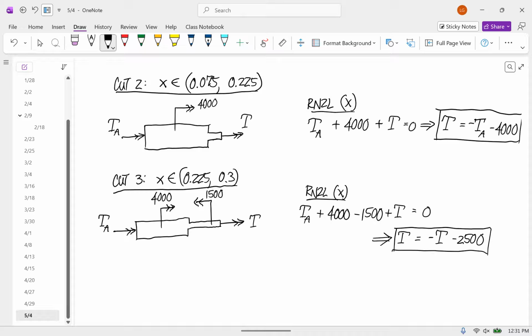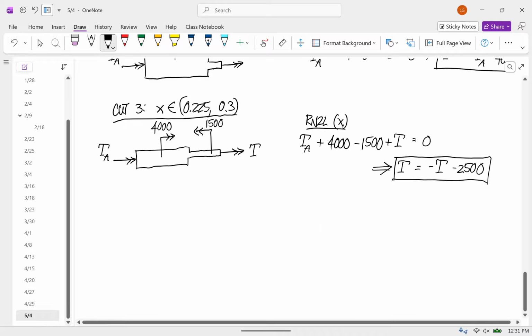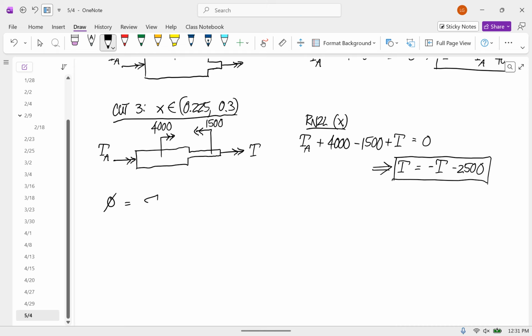And now that we have expressions for all of the internal torques, now we can use our calculation for the angle of twist. So remember that our angle of twist is the sum over all the pieces that we need.